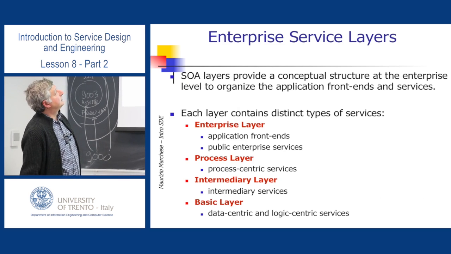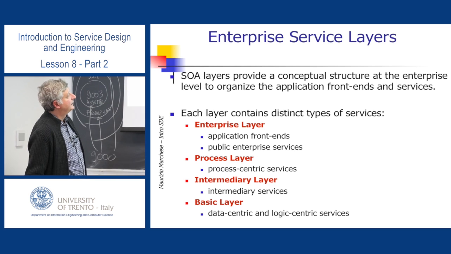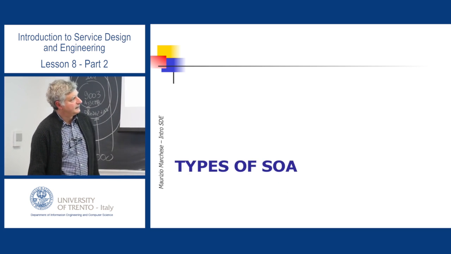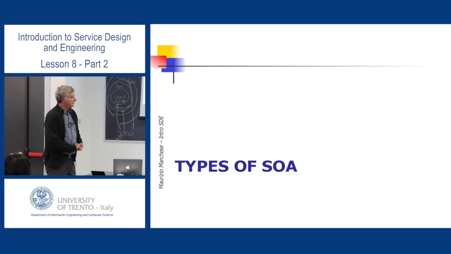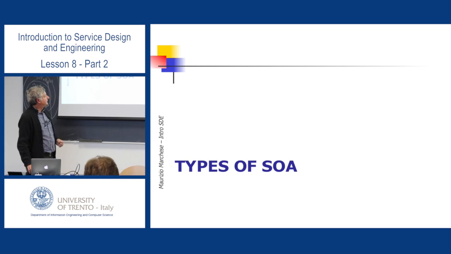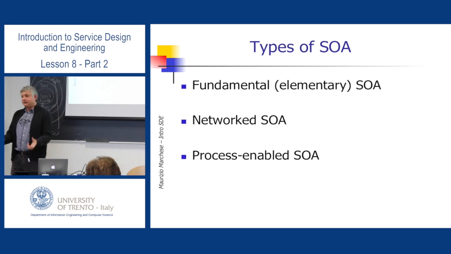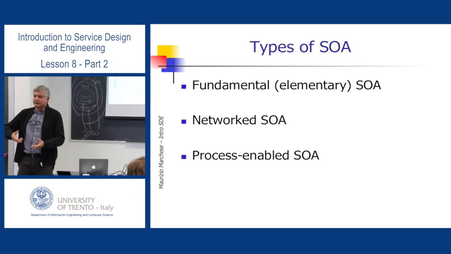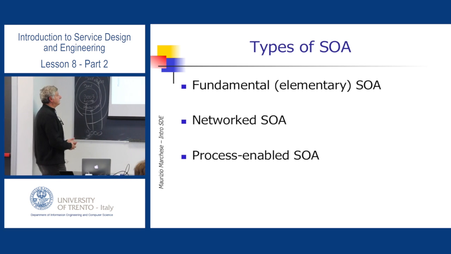So each layer contains distinct types of services, and this is just a list of what we have done. This leaves us with the last part of this lecture on design principles, which is types of service-oriented architecture. Once we have all these building blocks, already organized in a kind of hierarchical classification, you can do many things.